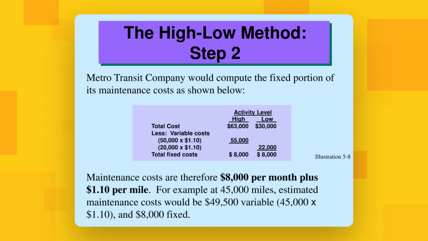So, 50,000 times 1.10, you have 55,000. For the low activity, 20,000 times 1.10, and you have 22,000. So, 30 minus 22, your total fixed cost is 8,000. Both should give 8,000. If they are the same, you are correct in computing your total fixed cost.